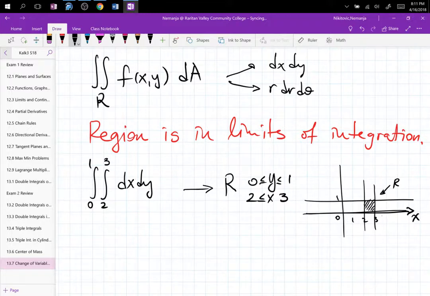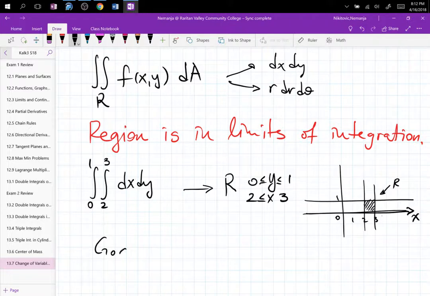So now, our job, looking at the transformation, is to transform the region that used to be a region, as you can see over here, in the XY domain plane, and shift that into the UV domain plane.